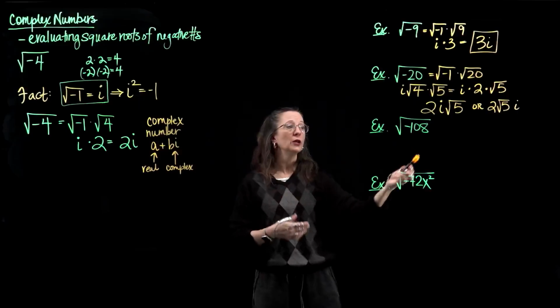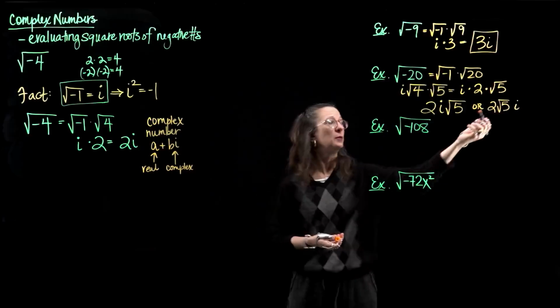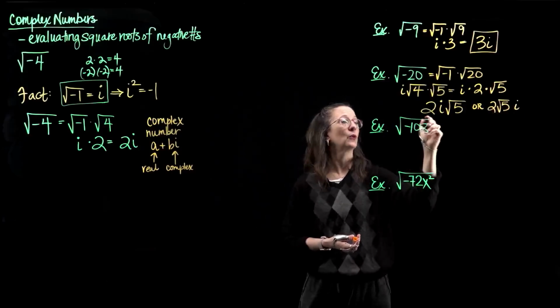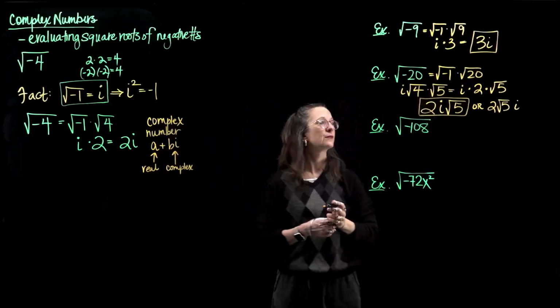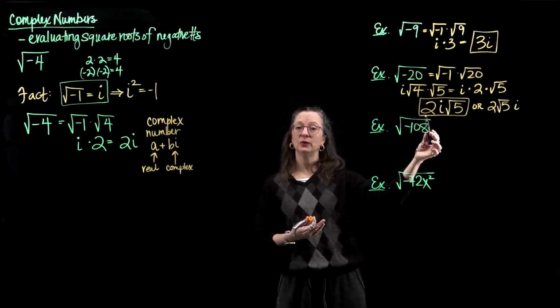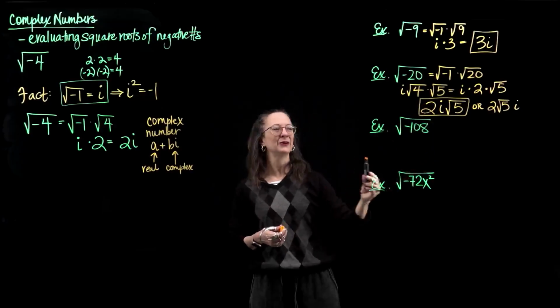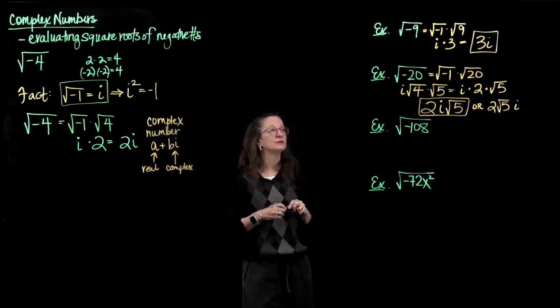And so generally, you will see it written as 2i square root of 5, but I want you to know this is also correct. Okay, so just like when we have a variable and a number and a square root, that variable goes in between the number and the square root.